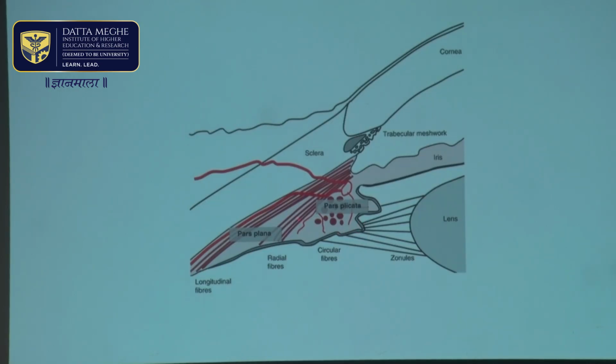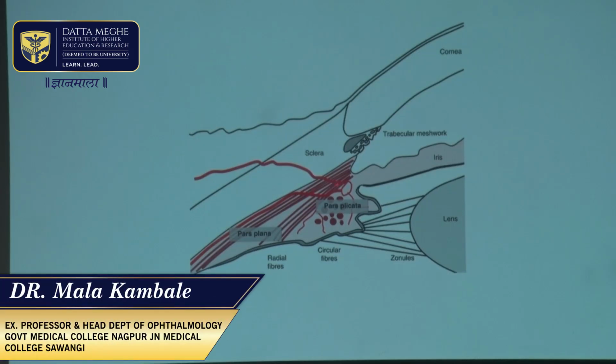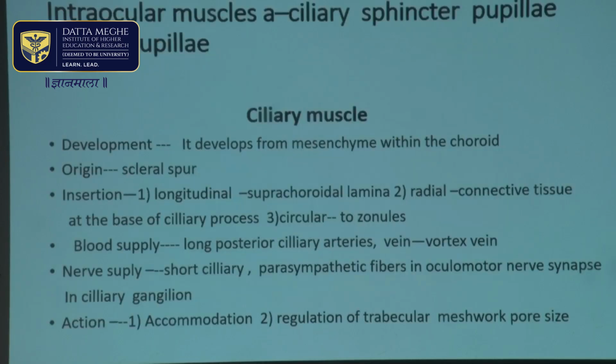When these muscles act, they act together and cause a contraction of the ciliary body, helping to open the trabecular meshwork. So, the ciliary muscles have a major role in accommodation and in opening the spaces of the trabecular meshwork.